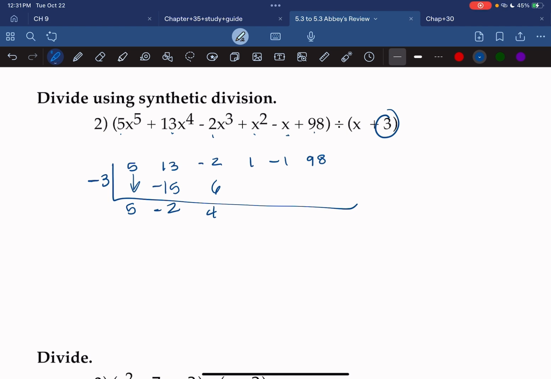Negative 3 times positive 4 is negative 12. 1 plus negative 12, or 1 minus 12, is going to give us negative 11. Negative 3 times negative 11 is going to give us positive 33.